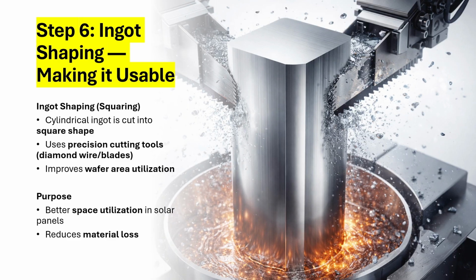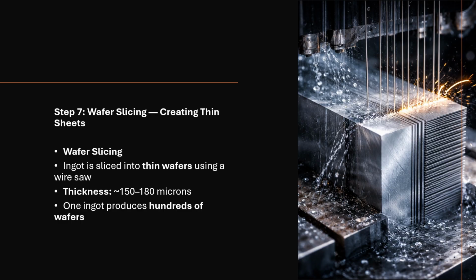The next step is wafer slicing, which creates thin sheets. The ingot is sliced into very thin pieces using a wire saw machine. You can see the wire saw machine.